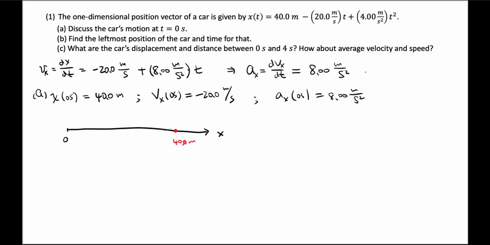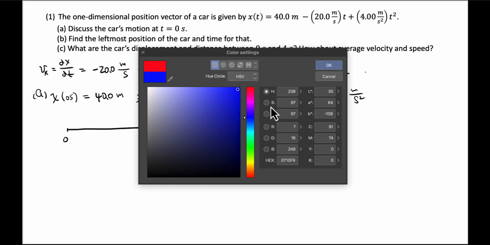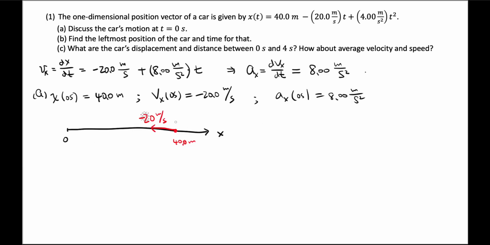And the velocity is negative, so it's pointing this way. Let me see, maybe just write down the numbers here. Negative 20 meters per second. And then the acceleration is to the right. Positive 8.